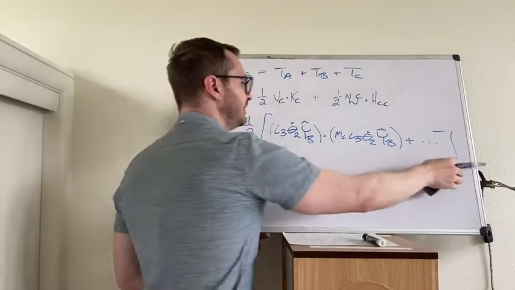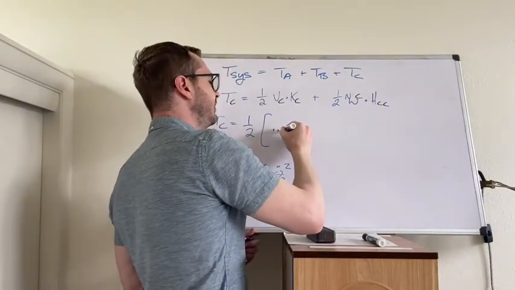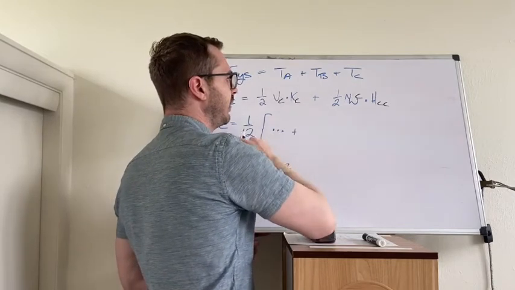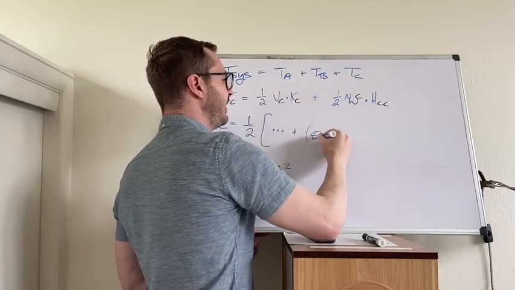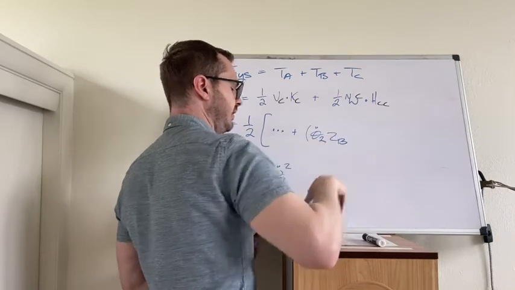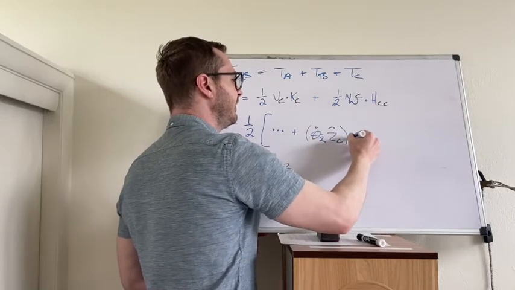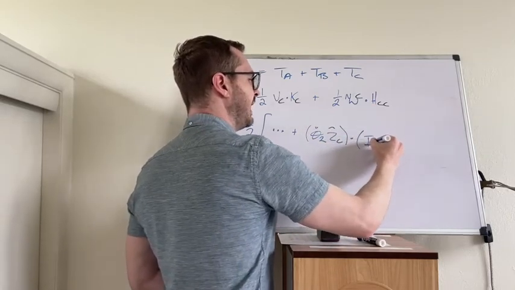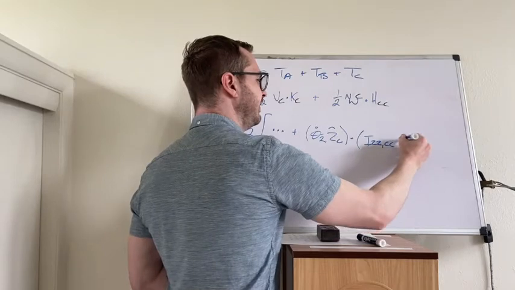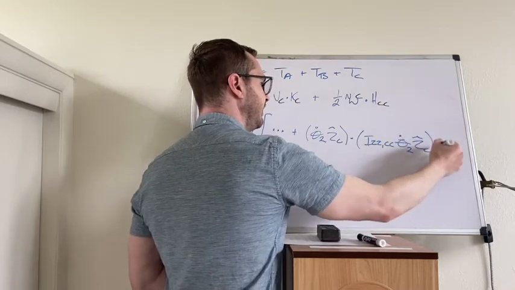So there's the linear portion. For the angular portion, bring down the 1/2, theta 2 dot ZB. Tell you what, since we're doing C, we can put this one in the C frame to keep it consistent, dot IZZ from CC, theta 2 dot ZC.